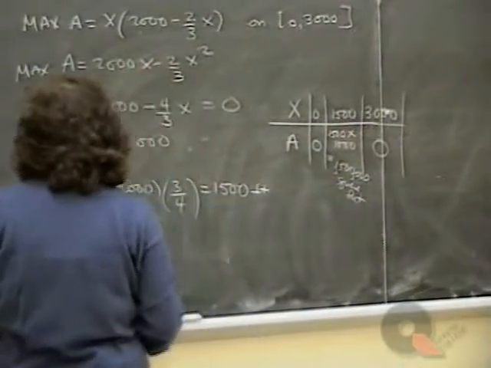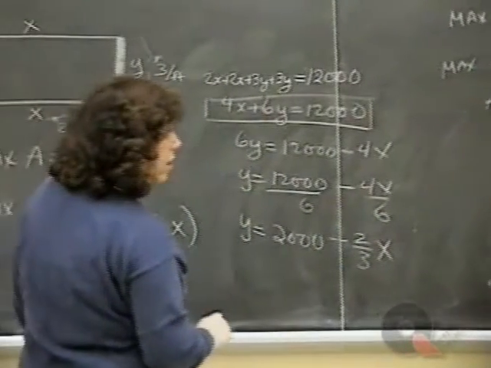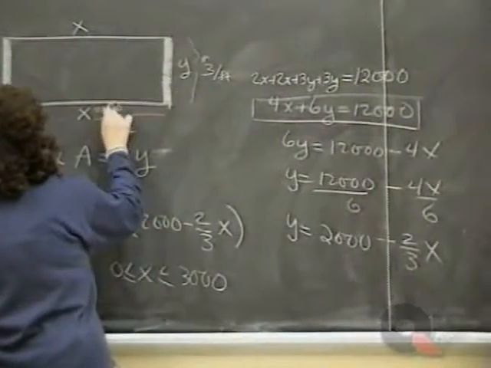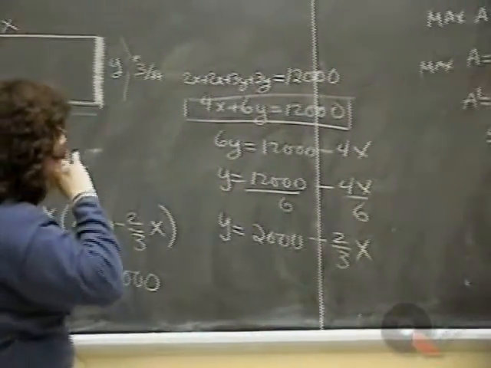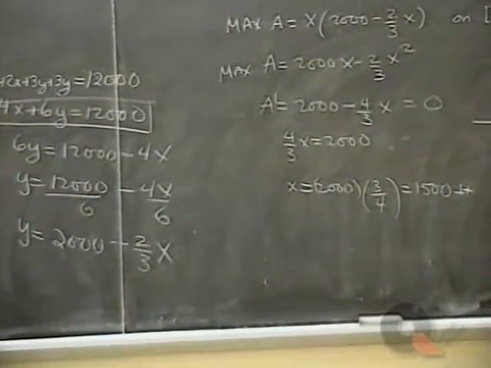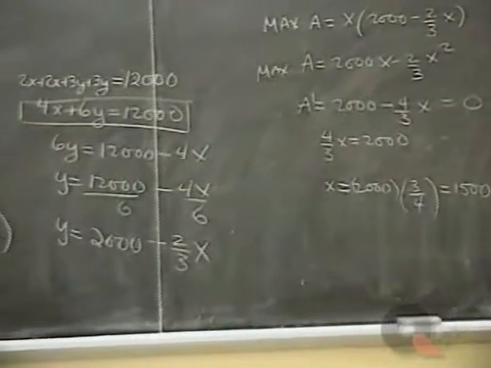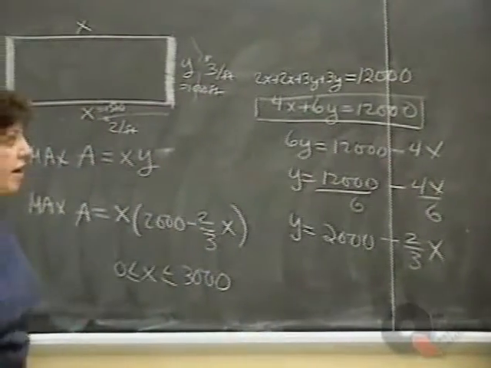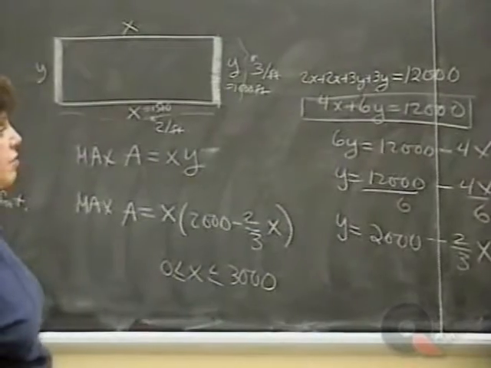Those would be the dimensions. In other words, x would come out to be 1,500, and y, 2,000 minus 2/3 x, we figured out would be 1,000. So those are the dimensions, and the area 1,500,000 square feet.